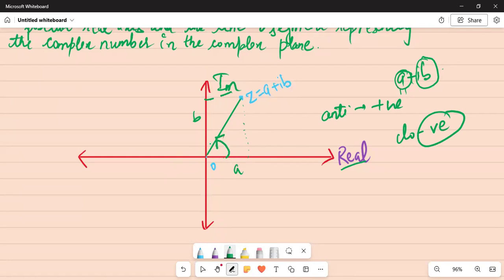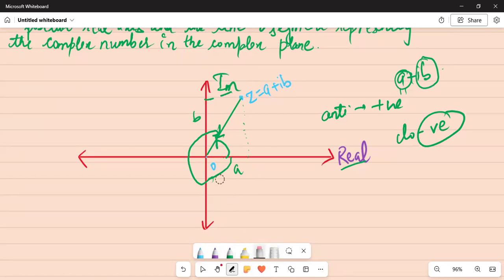This is how you do it in the anti-clockwise direction. But if you are going in the clockwise direction, then you start from the positive real axis, go clockwise and connect with the line representing the complex number.